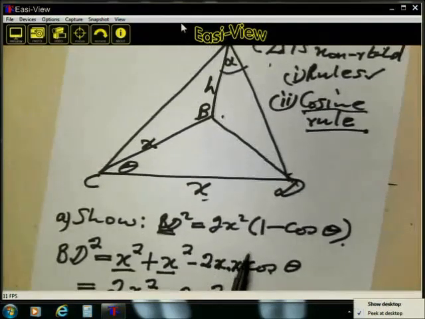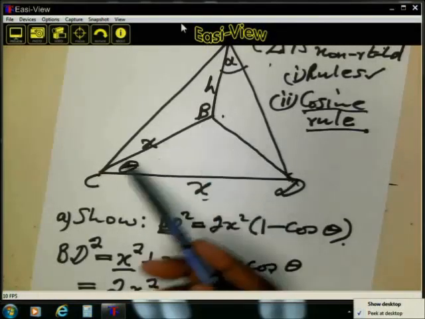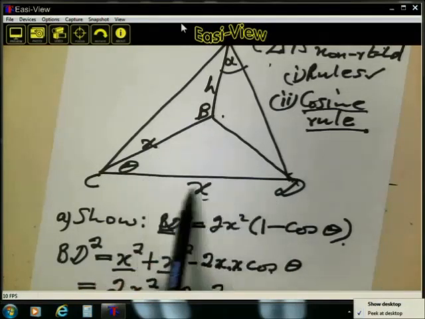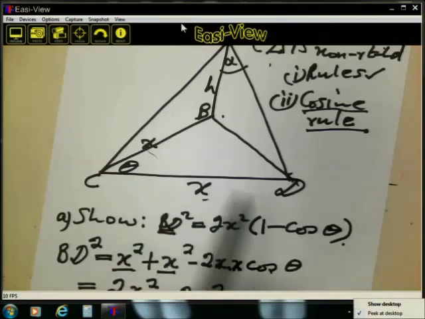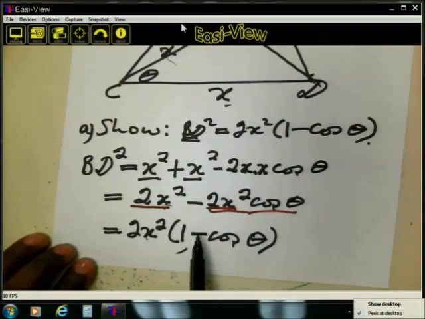So in this case, it is this side squared equal to this side squared plus this side squared, minus twice this side times this side, times the cosine between them, which is the cosine of theta. And when you simplify it, you notice that 2x squared is common. So you take it out and you are left with 1 minus cos theta.